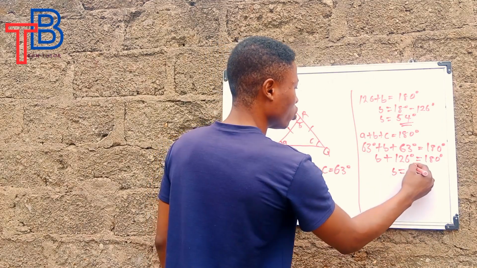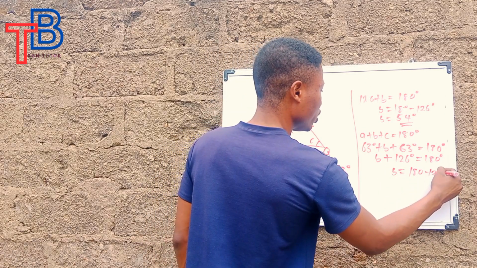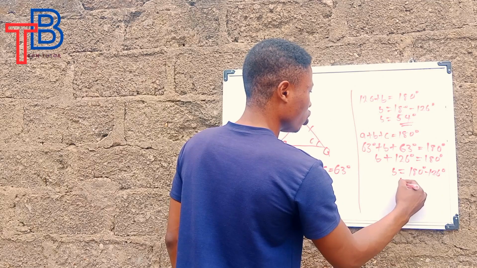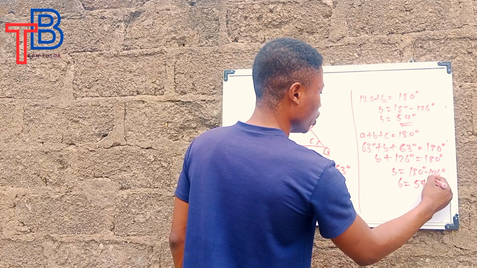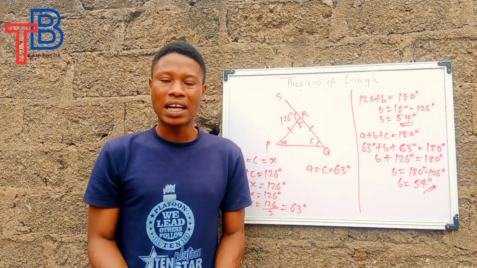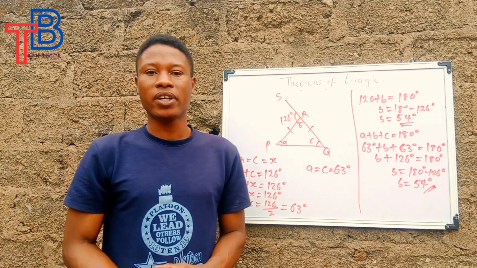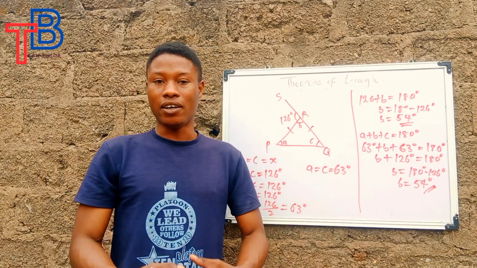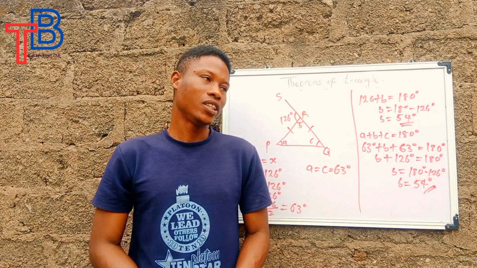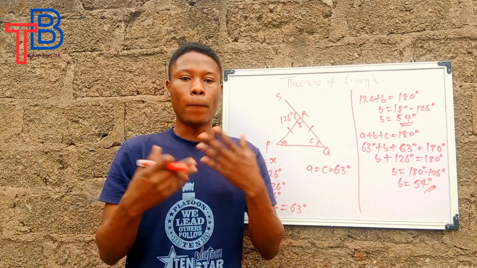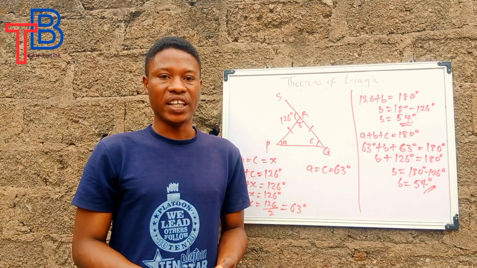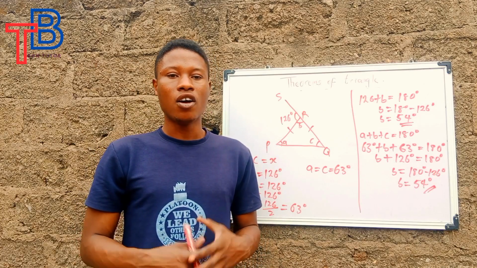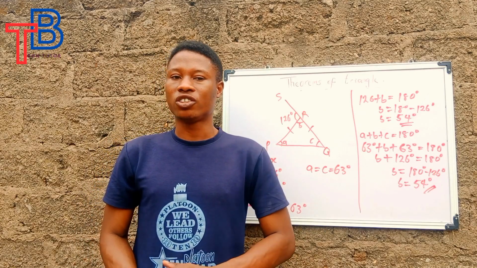So your B equals 180 minus 126 degrees. Yes, and your B equals 54 degrees. As simple as that. You can see that application of theorems is fun to play with, because you can apply more than one or two theorems to get the same answer for either angles or triangles.